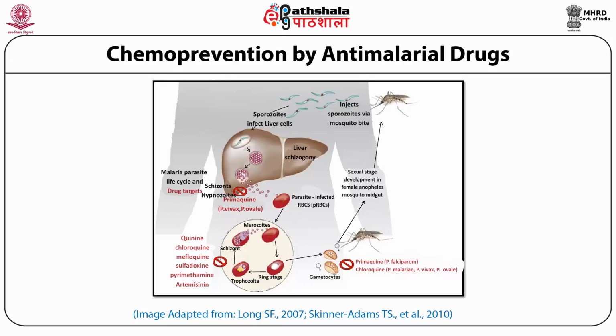Many of the drugs like primaquine attack these liver stages, which are many times known as the hypnozoites, while a number of drugs like quinine, chloroquine, mefloquine, sulfadoxine, pyrimethamine and artemisinin target the intracellular erythrocytic stages which grow and develop within the human RBCs, while some of the drugs like primaquine and chloroquine target the gametocytes which are formed and subsequently taken up by the mosquito for the second round of infection in a new host.